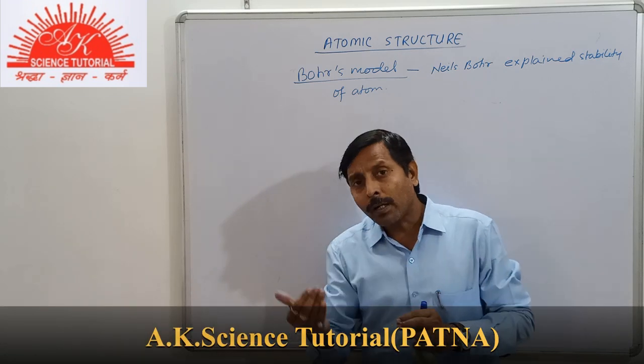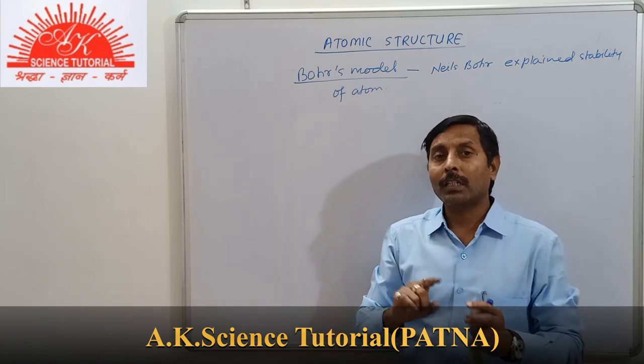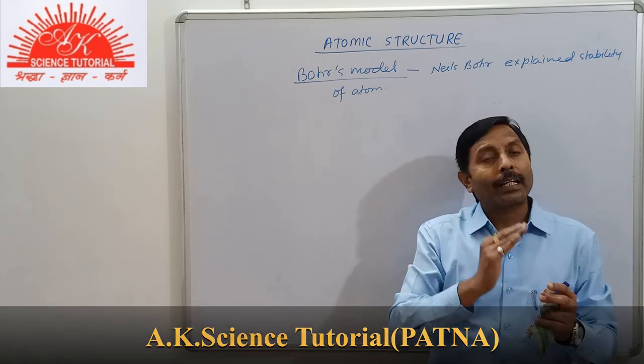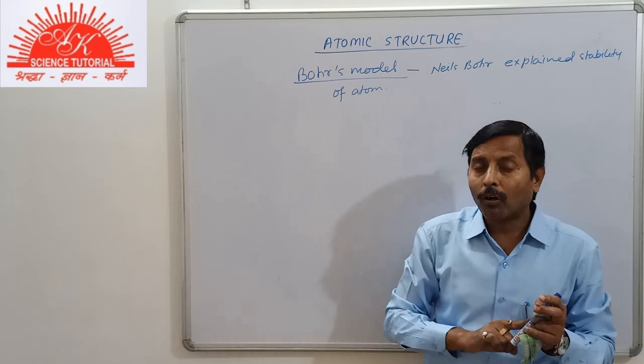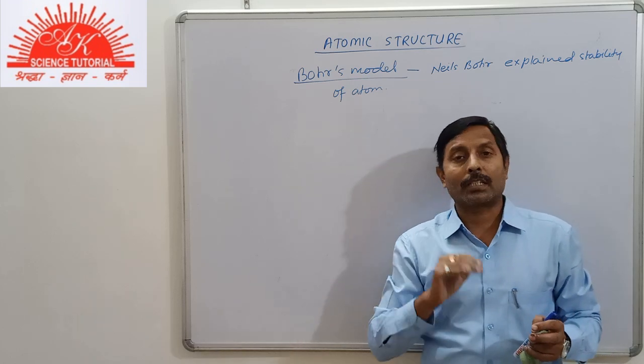As long as an electron revolves in an orbit, this is the major point, this is in order to explain the stability, its energy remains constant.